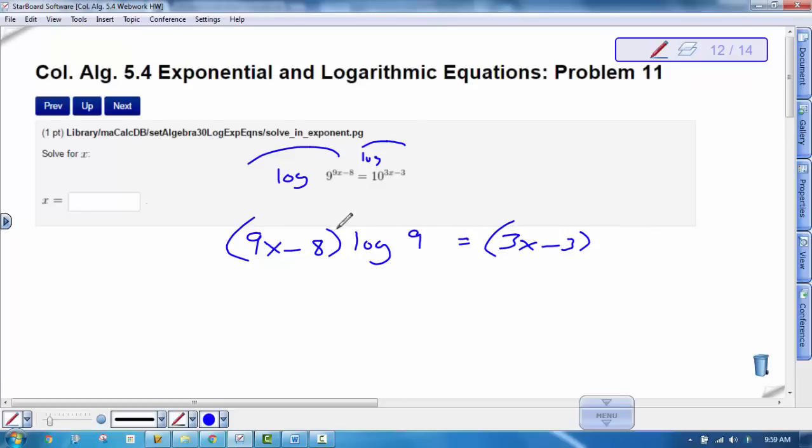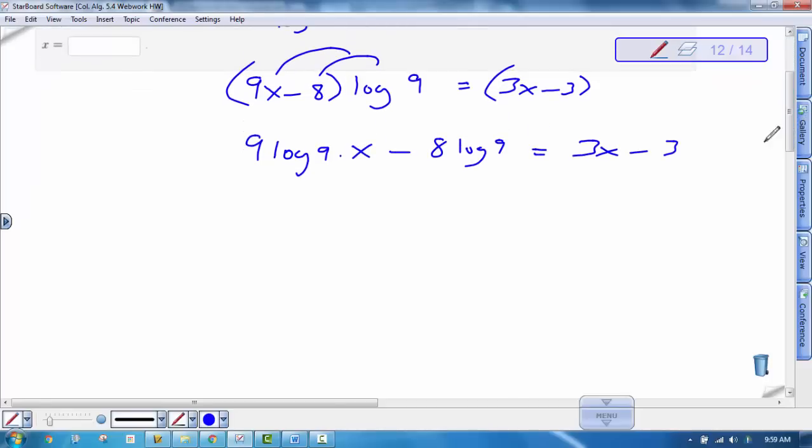And then you got to get the x's together, but in order to do that you're going to have to distribute, so it's actually 9 times log of 9 times x minus 8 times log of 9 equals 3x minus 3. Then you're going to get the x's together, so it's 9 log of 9 times x. And I'll subtract 3x from this side, and I'll move this over to the right side, so it'll be 8 log of 9 minus 3.